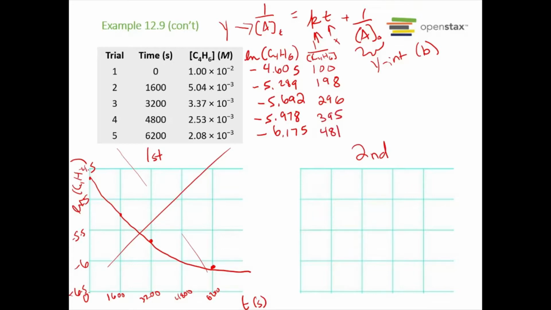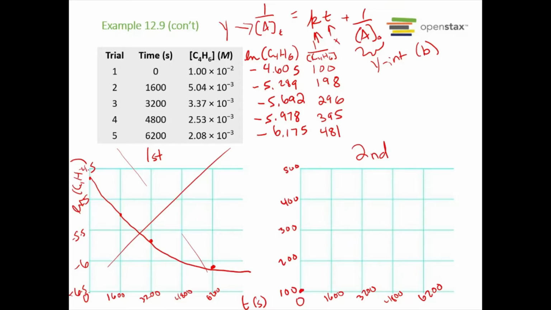So now let's get this set up. 0, 1600, 3200, 4800, and 6200, and 100, 200, 300, 400, 500. So at time 0, 1 over C4H6 was equal to 100. So that's right here.